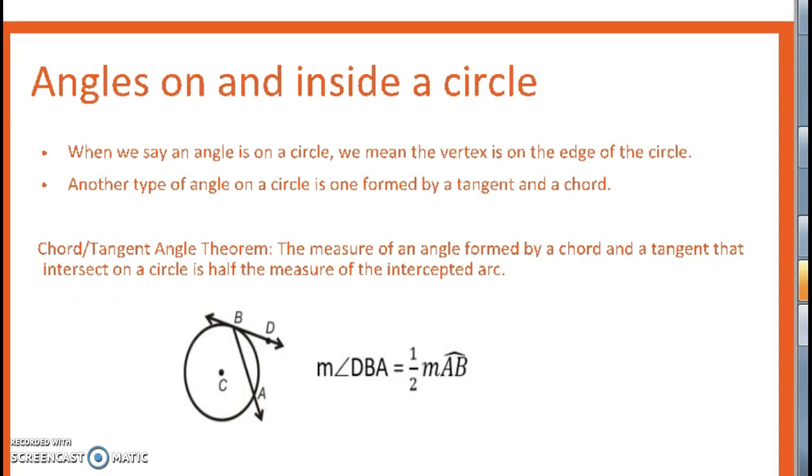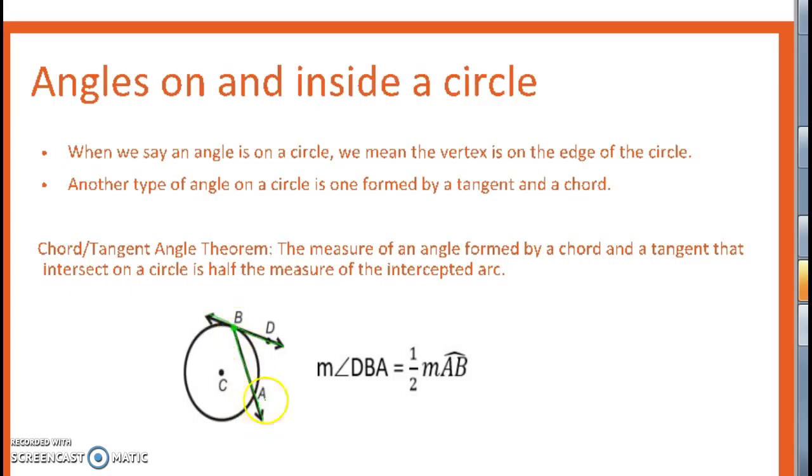When we talked about angles on and inside circles, we talked about inscribed angles. Another type of angle on a circle is any angle where the vertex is on the edge of the circle. The only difference between this and the last theorem is now it's formed, instead of by two chords, by a tangent and either a chord or a secant.